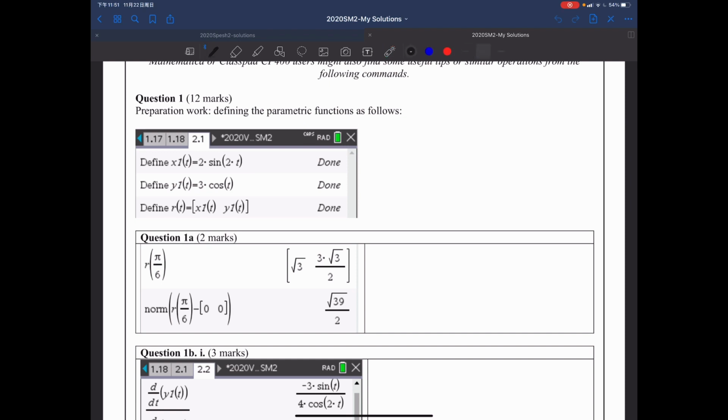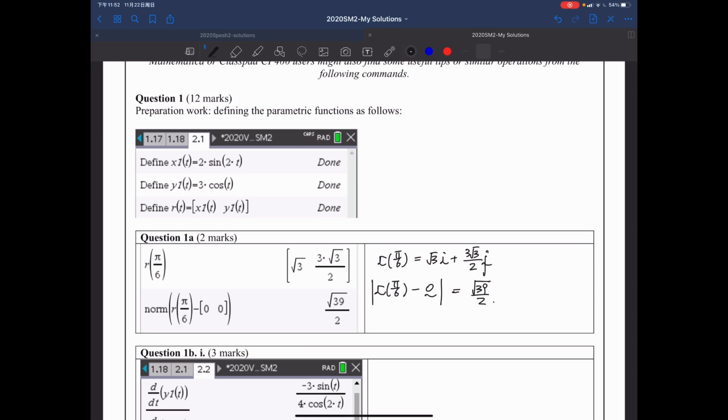What you should write is r of pi on 6 equal to square root of 3 i plus 3 root 3 on 2 j. Then you want to find the difference between the current position vector and the relative point. So r pi on 6 minus the 0 vector, take the magnitude, will give you the distance from the current position to the origin, which is square root of 39 on 2. Very easy.